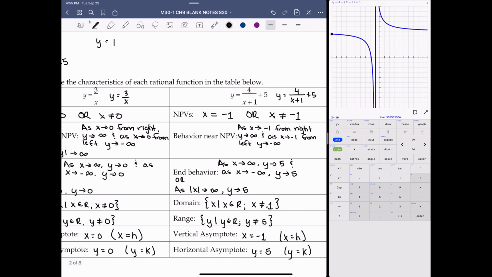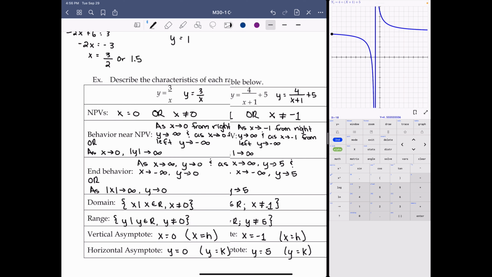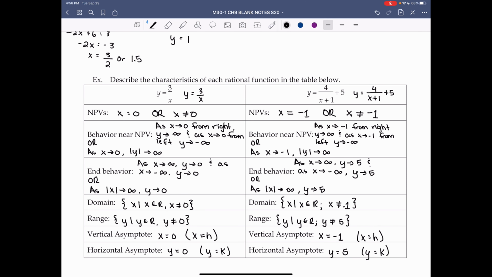And then over here, as x approaches -1 from either direction, absolute value of y approaches infinity. You will see a chart like this on your quiz and your test. So make sure that you understand how to describe the behavior near the non-permissible values and how to describe the end behavior.